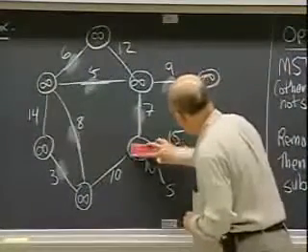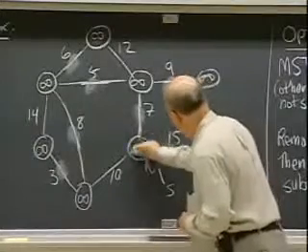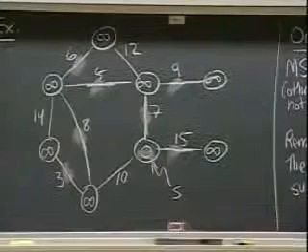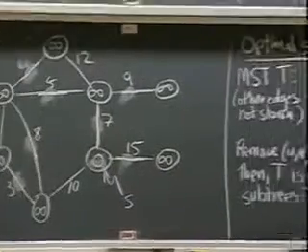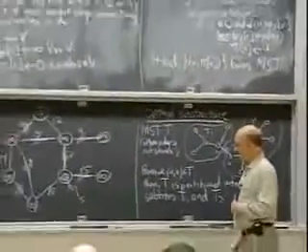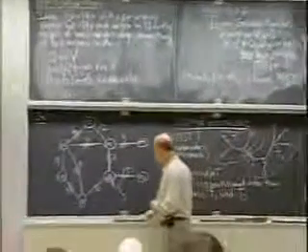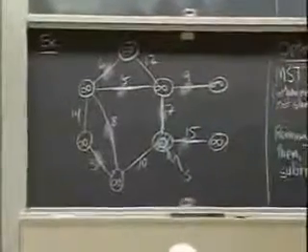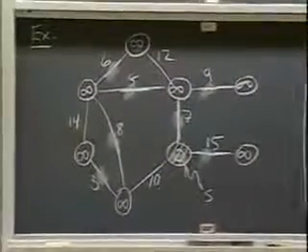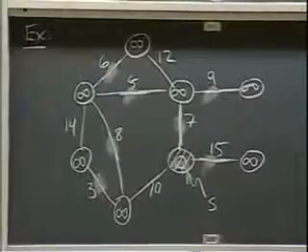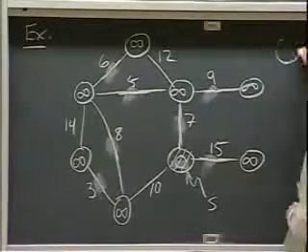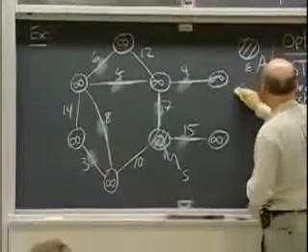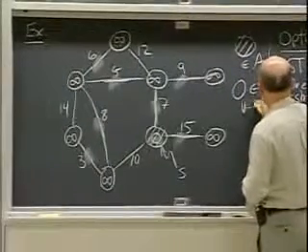We'll call that S. So basically, I now make him be 0. And now what I do is I execute extract min. So basically, I'll just shade him like this, indicating that he has now joined the set A. So this is going to be A. And this is an element of V minus A.